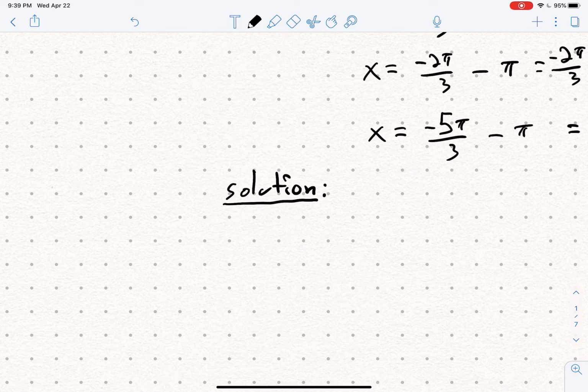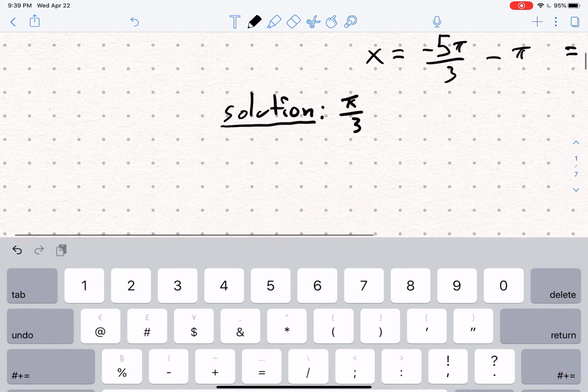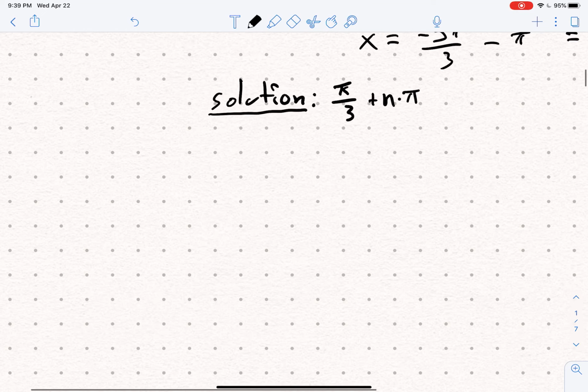We take our one value, pi over 3, that was one answer that worked. And then we add any number n, any integer, times pi. So these are our answers x. Here is our solution.